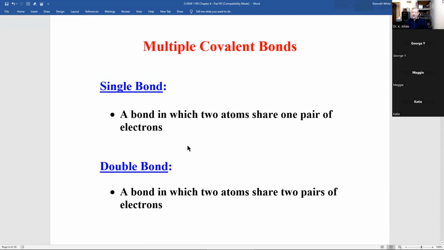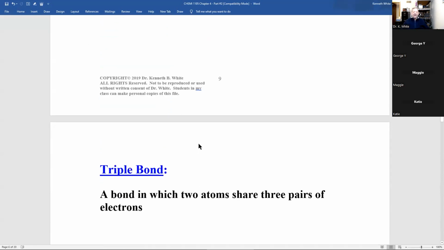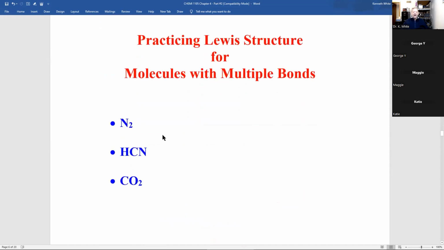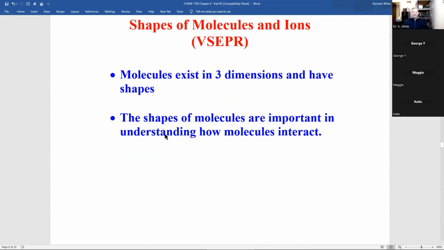Now we went through single bond, 1 pair of electrons being shared, double bond, 2 pairs, and you should know this for test 2. Hint, double hint, triple hint. A double bond is 2 pairs of electrons being shared between 2 atoms, and a triple bond, 3 pairs of electrons being shared between 2 atoms. Now we did the Lewis structure for these, so let's move on.